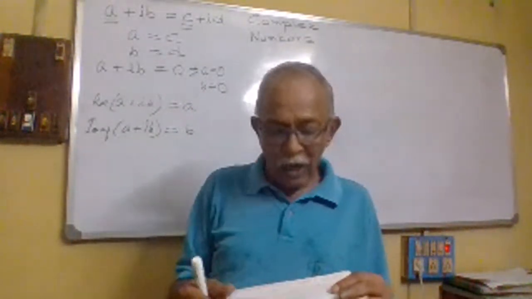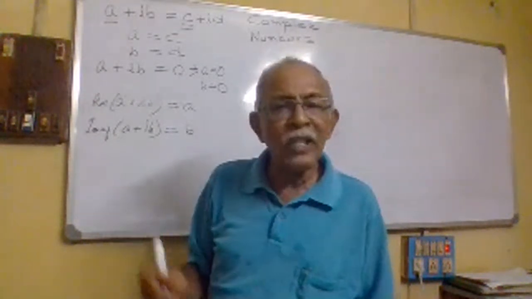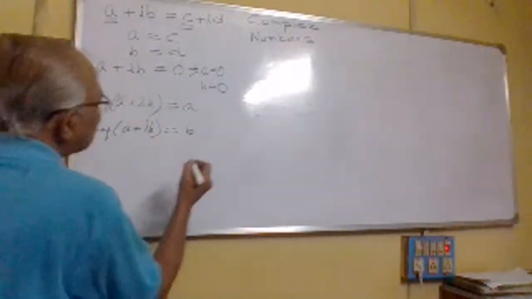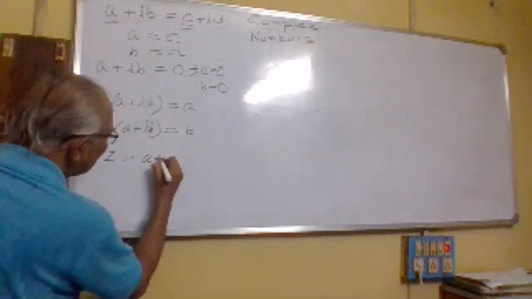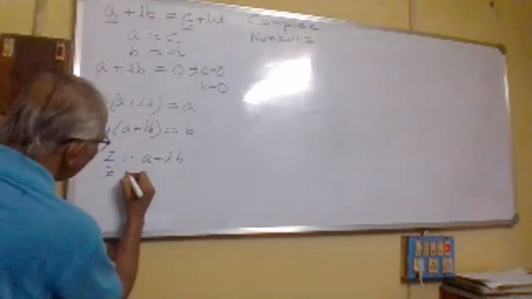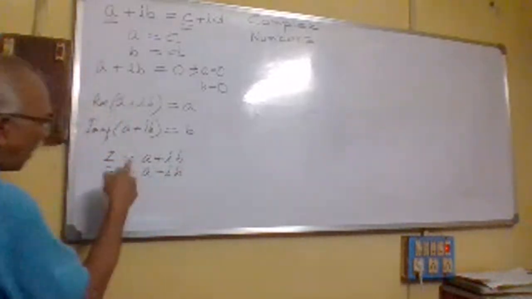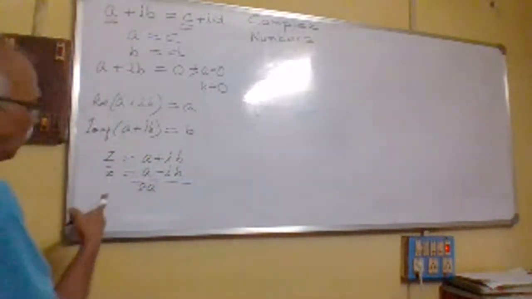Now, the sum and product of two conjugate complex numbers. Suppose z equals a plus ib, and its conjugate will be a minus ib. Their sum will be 2a. It will be a real number.